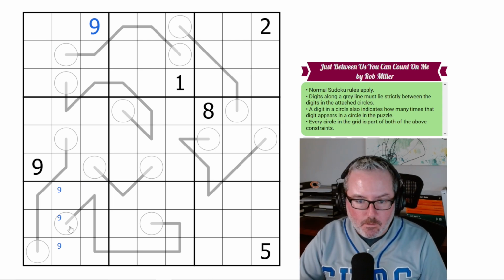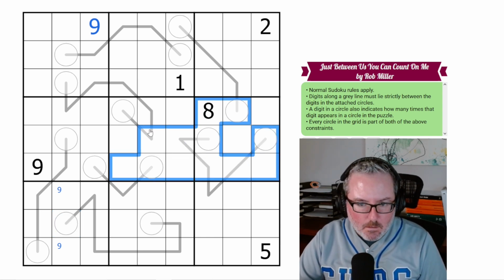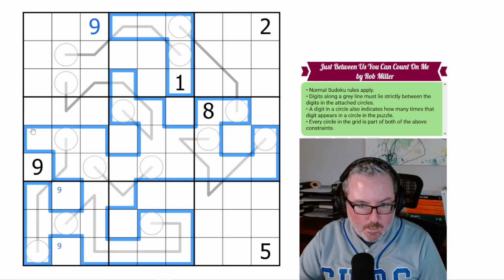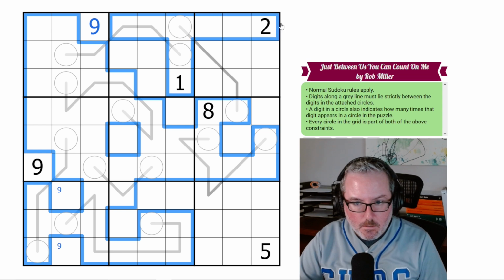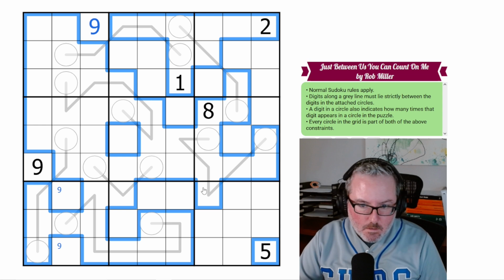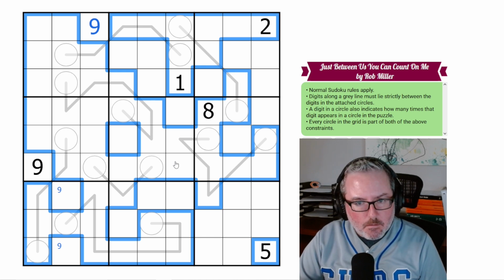So 9 never is on a circle, as well as never being on the line itself. So that might come into more use. Let's take a look at it just to see. I don't see it being useful in this instance.